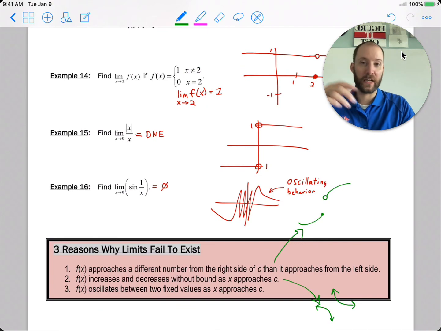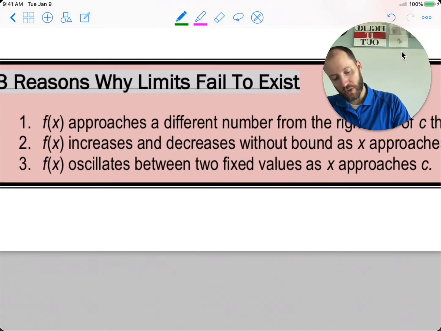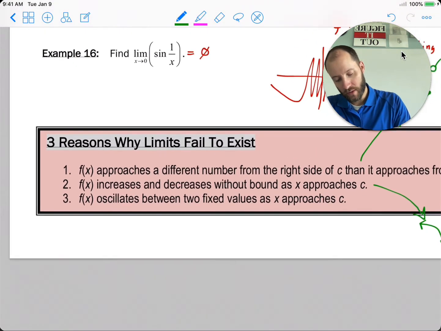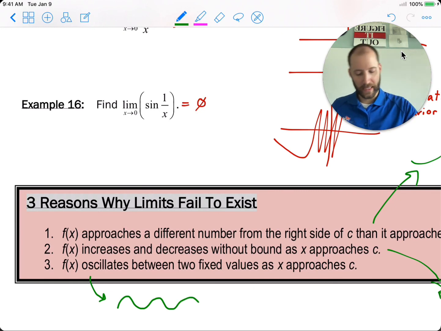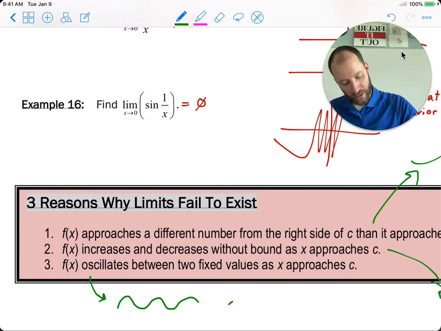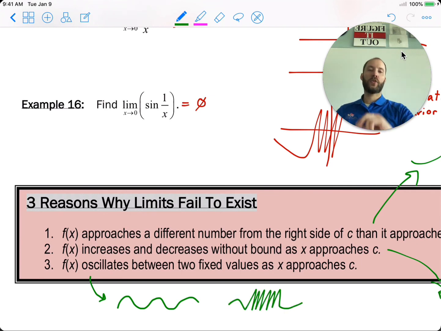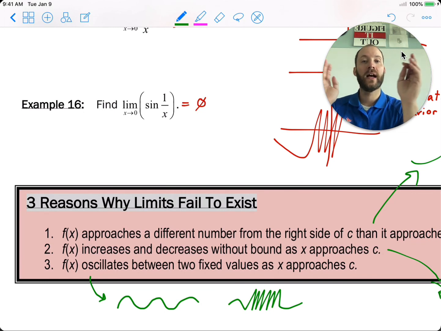Reason 3, f of x is oscillating between 2 fixed values. Now that can be your basic sine or cosine wave. You can also classify what we saw in example 16, kind of that craziness. You can classify that as oscillating behavior also.